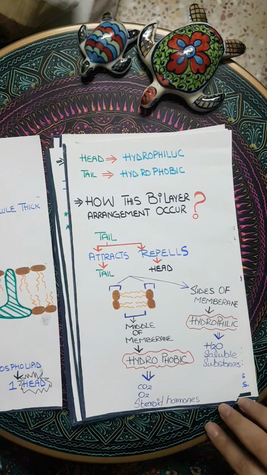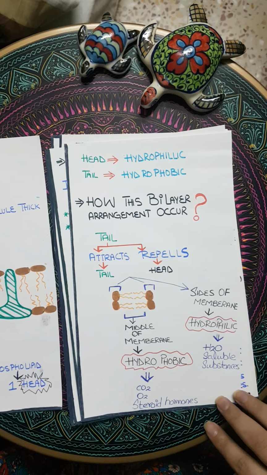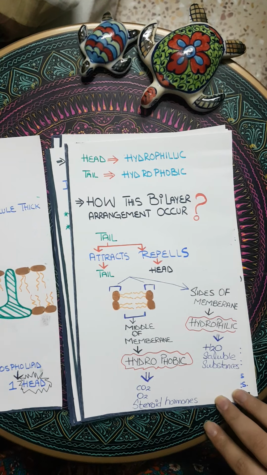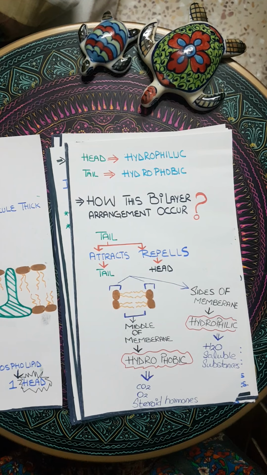Okay, and so how do we get this lipid bilayer structure of the cell membrane, this whole arrangement? We all know that the major part or the main component of cell membrane is the phospholipid. Phospholipids have two parts, the head and the tail.